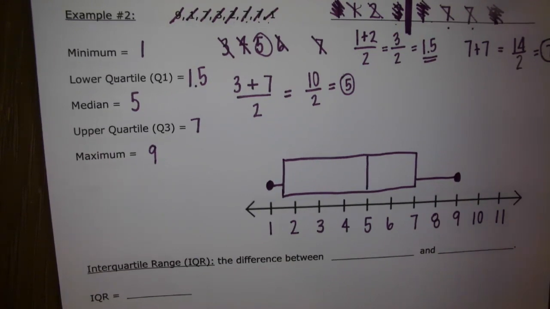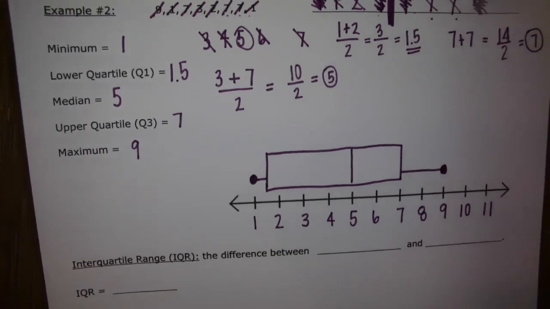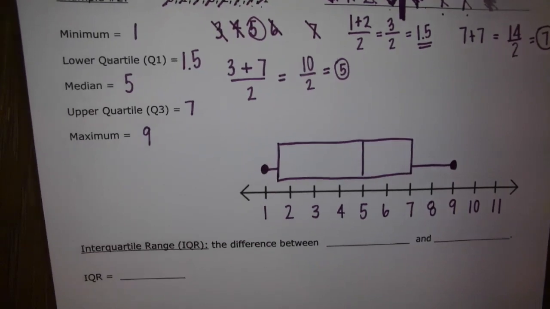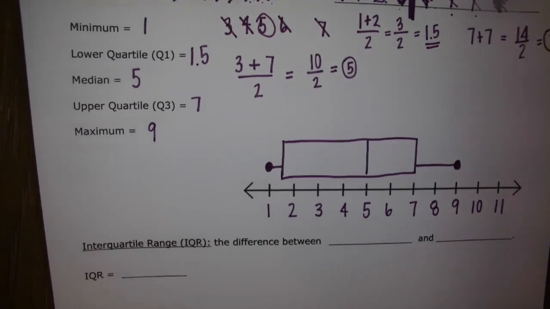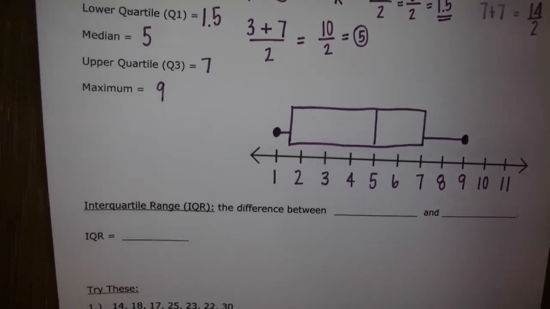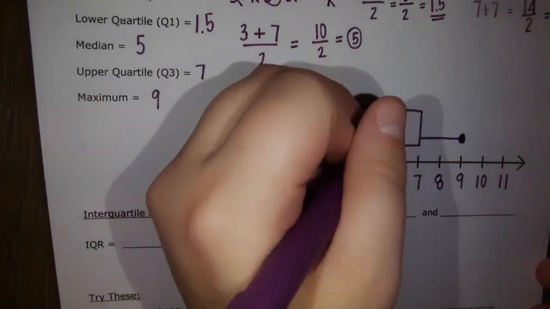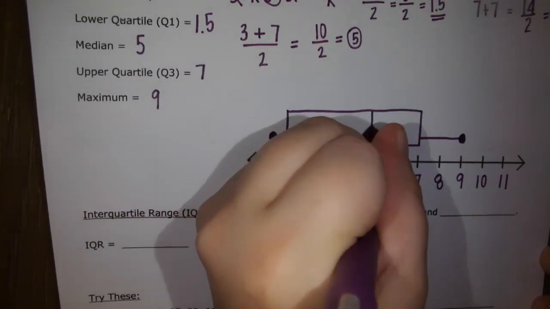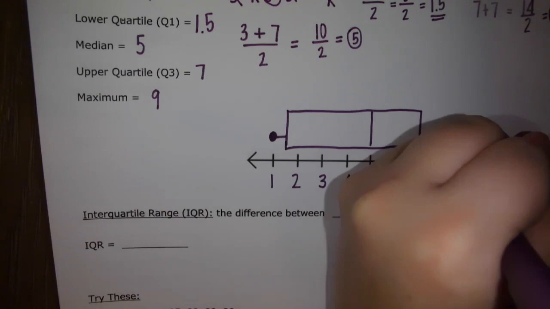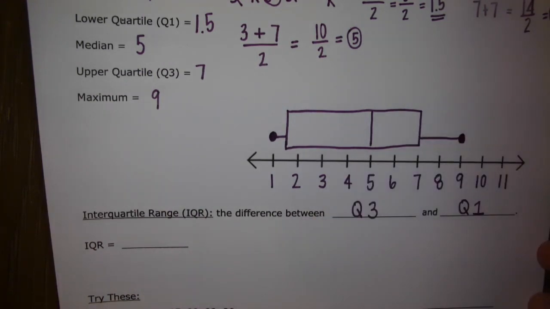Now, I'm going to throw in one extra piece of information because it is important when you're graphing with the box plot to find the interquartile range, because it's such a valuable piece of information that only box plots provide. The interquartile range is the difference between Q3 and Q1, okay?